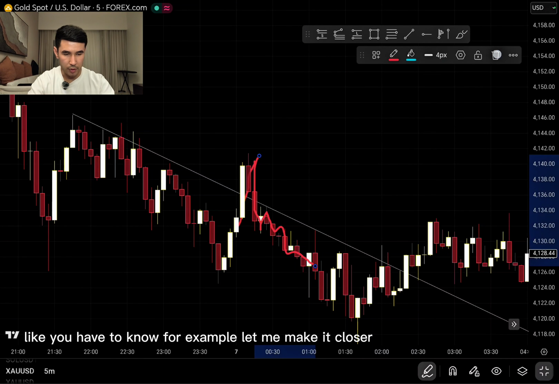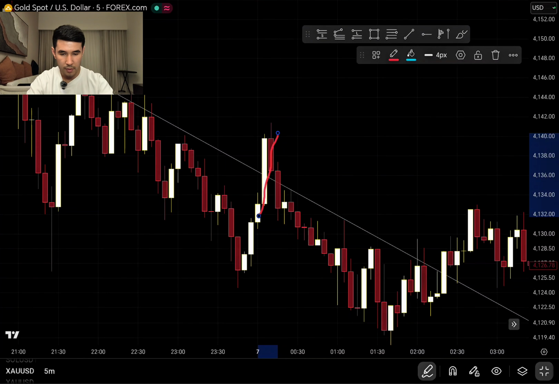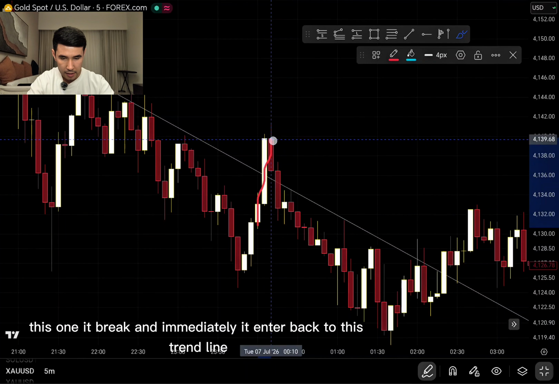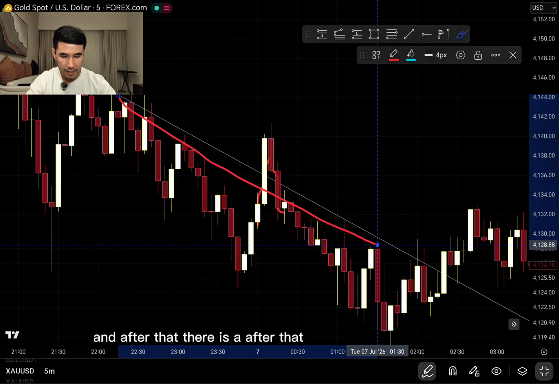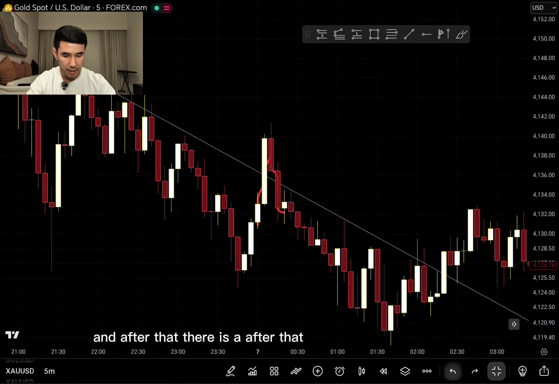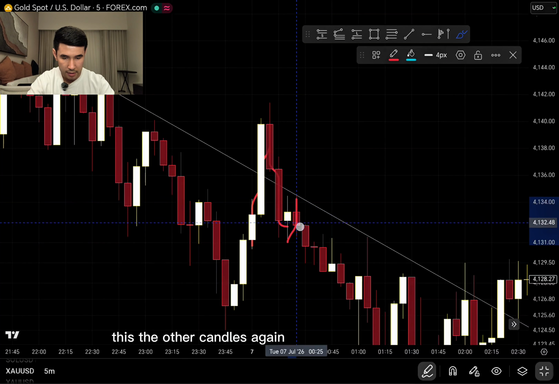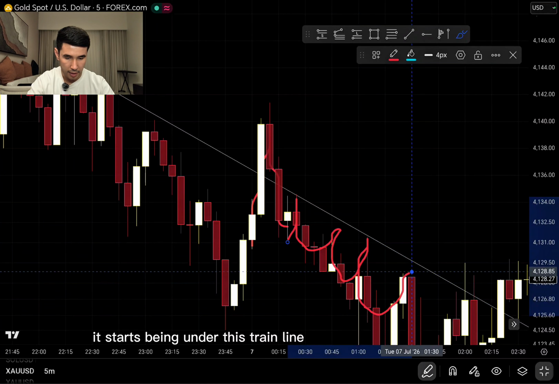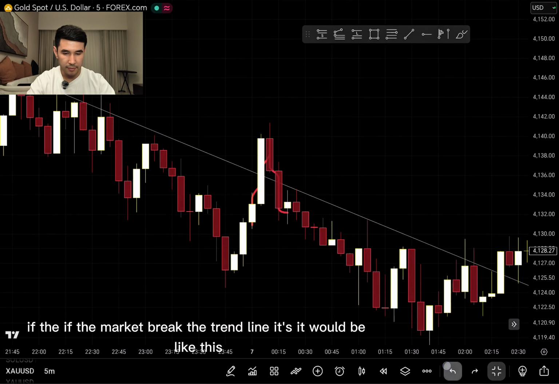You have to know, for example, let me make it closer. This one breaks and immediately enters back to this trend line, and after that the other candles again start being under this trend line. So you cannot take this one as a break of the trend line.